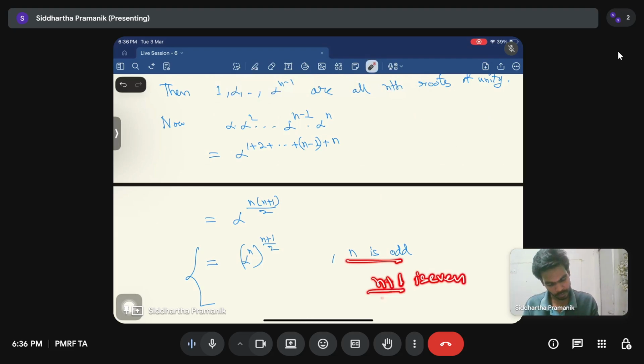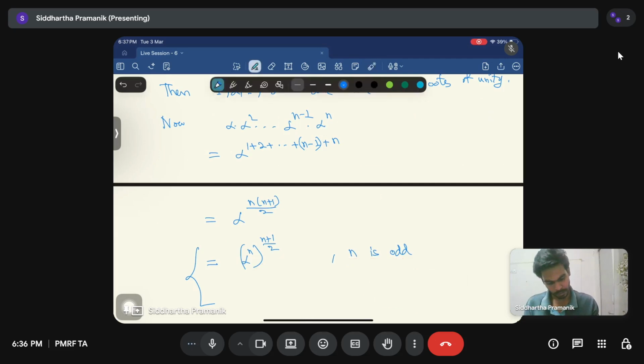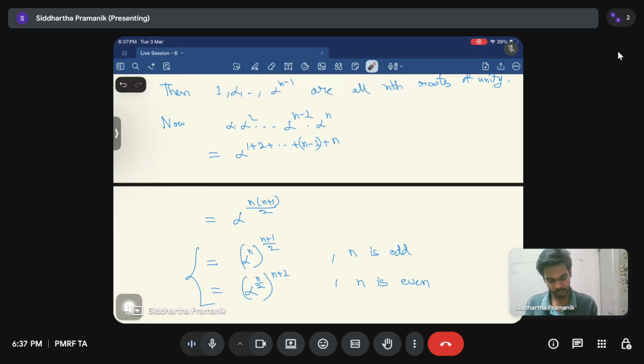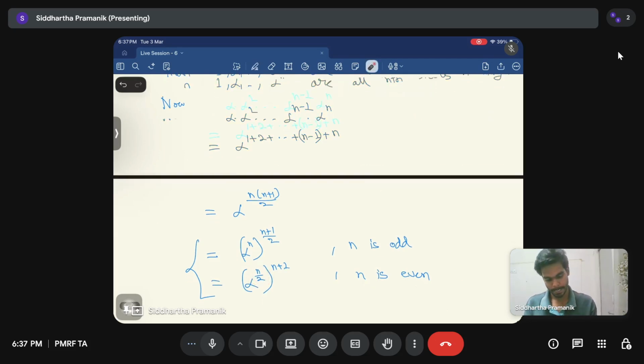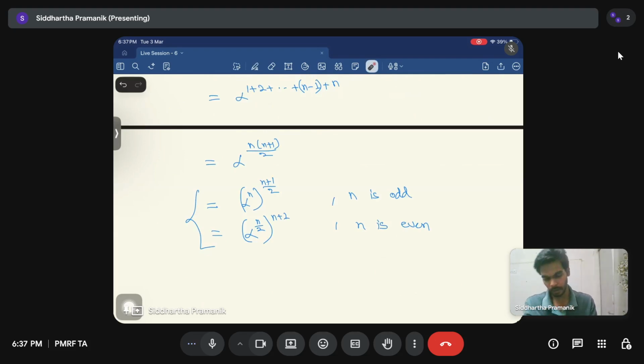So n plus 1 by 2 is an integer. And if n is even, then we can write it as alpha power n by 2 whole power n plus 1, because n is even, so we can divide it by 2. Right? Now, what is this thing?